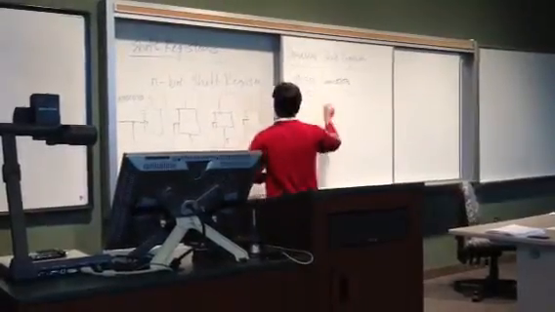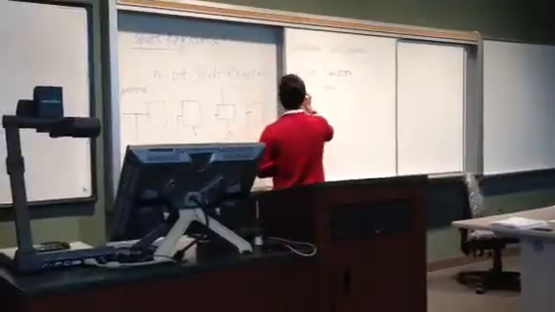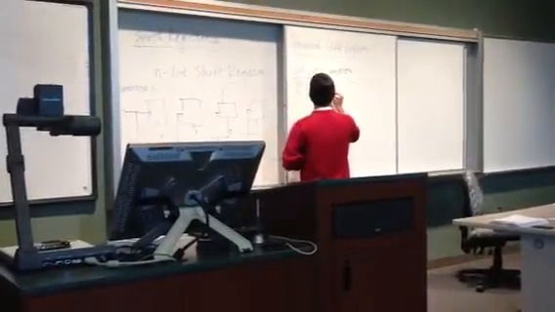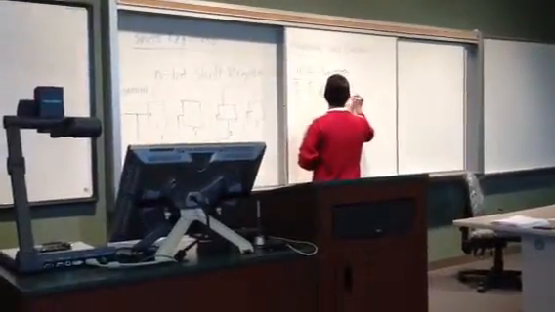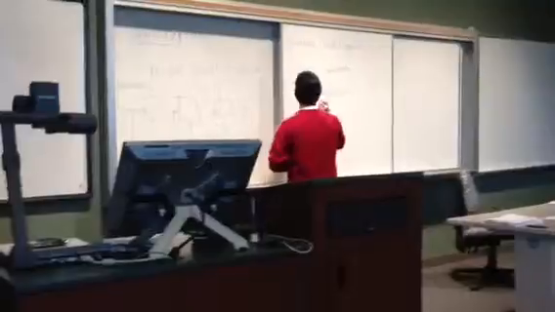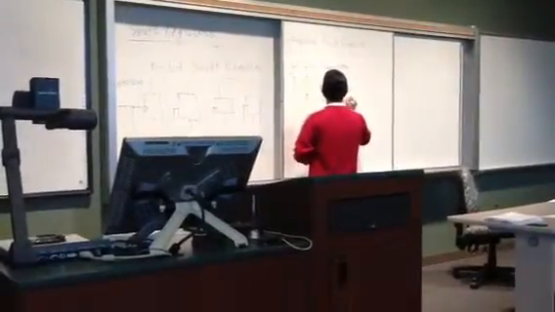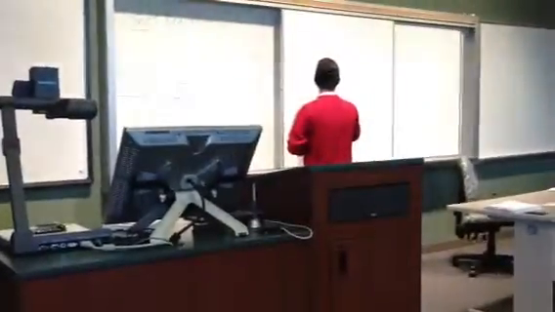When it's 0, 0, it is going to hold on to the value that it currently has. When it is 0, 1, it's going to do a right shift. When it is 1, 0, it does a left shift. When it is 1, 1, it does a parallel load.